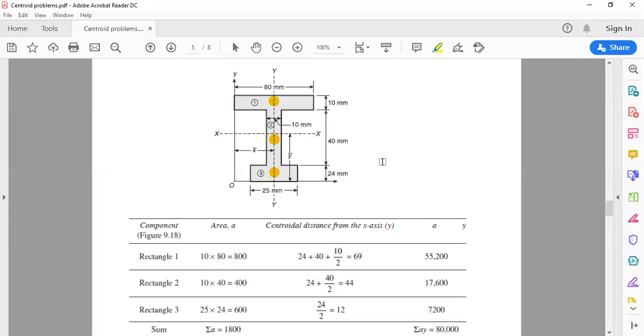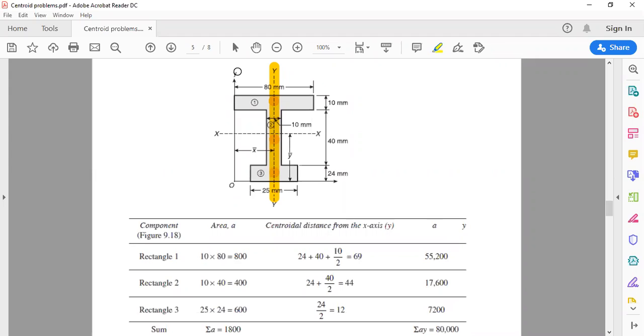So if you fold the section along this axis, what happens? Exactly, the corners coincide. So this axis becomes the axis of symmetry. Now this is an axis which is parallel to the y-axis.